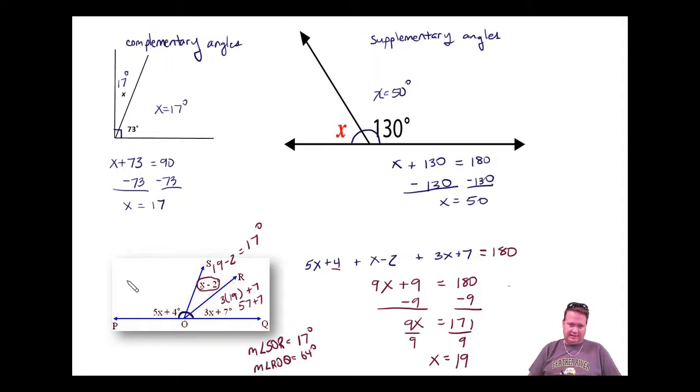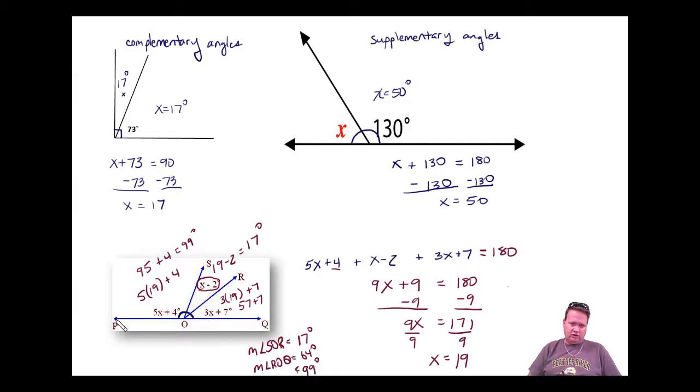Now I could do this a couple of different ways. I can plug 19 in. I can get 5 times 19 plus 4, that is 95, plus 4 is 99 degrees. And so I know this last one is 99 degrees.